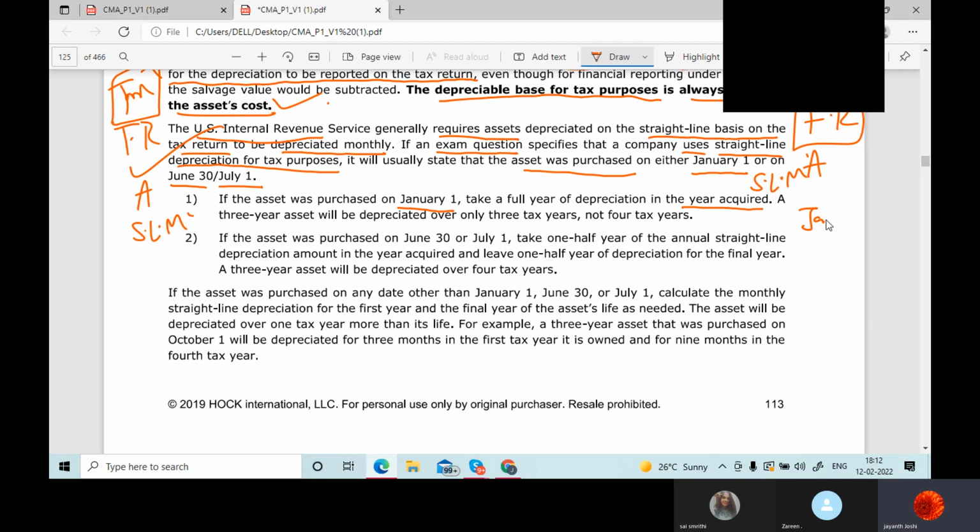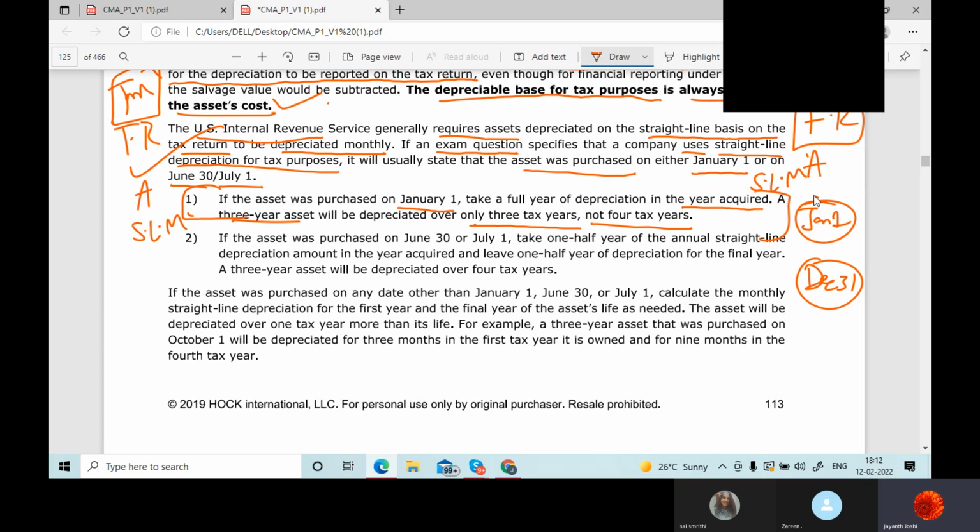That means when you acquire the asset on Jan 1st and December 31st is the end of the year, you should take full year depreciation. Please understand, a 3-year asset will be depreciated over only 3 tax years, not 4 tax years. This is the most important point you should understand.